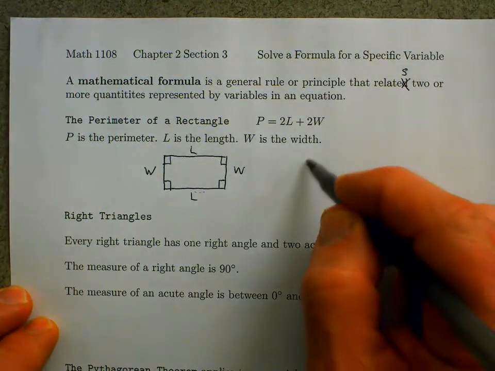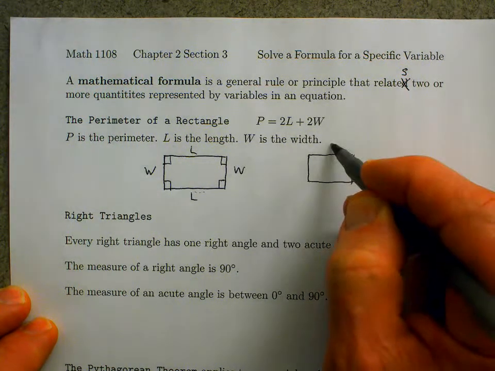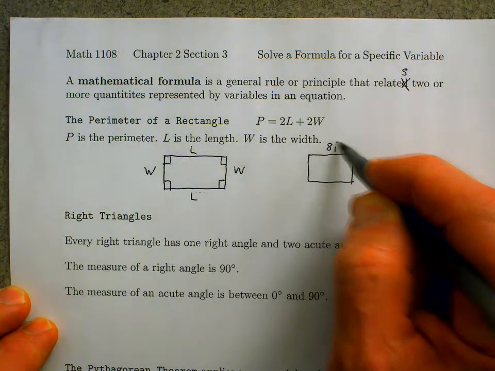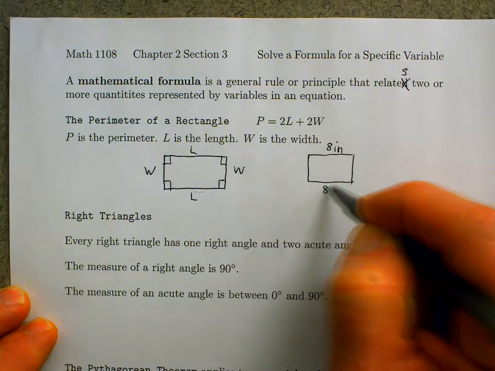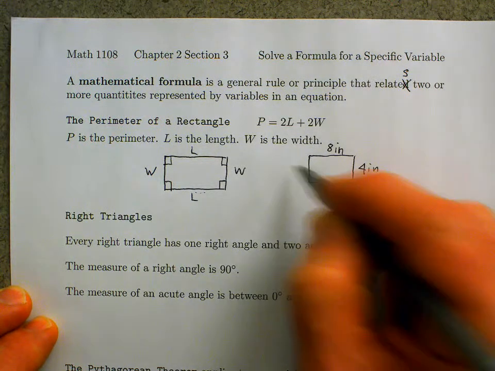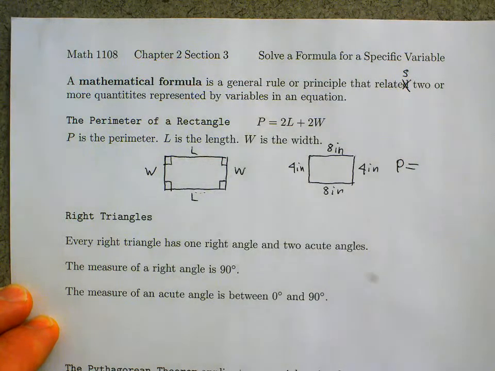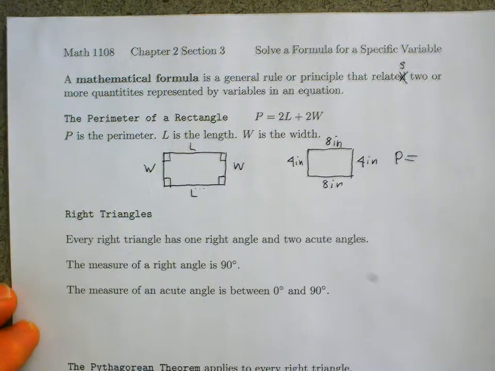So just a simple example. Suppose you have a rectangle. Suppose the length is 8 inches and the width is 4 inches. Then what's the perimeter? In other words, what's the distance around the rectangle?